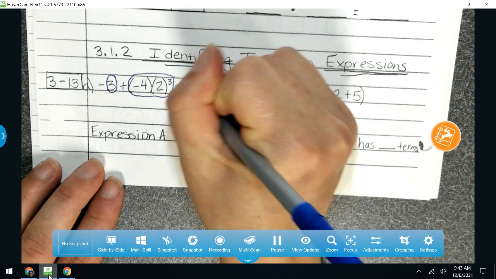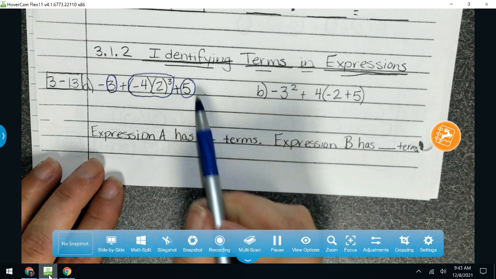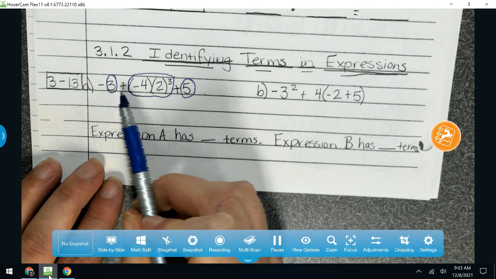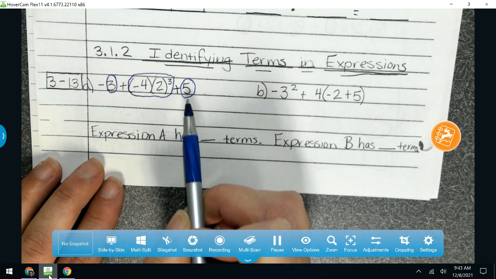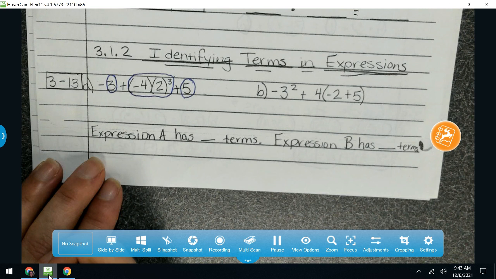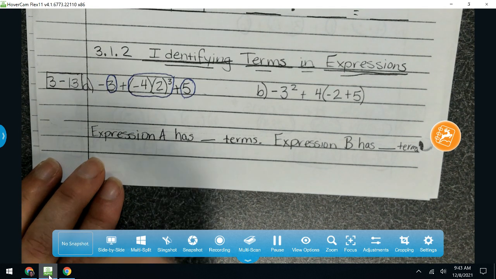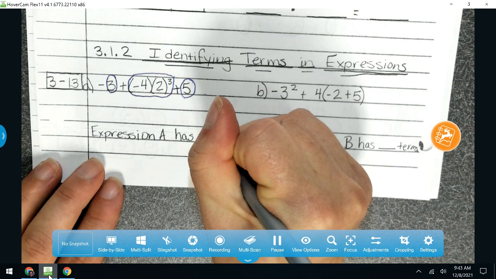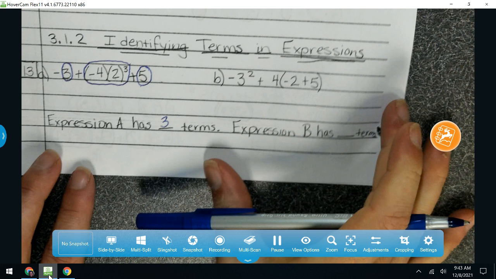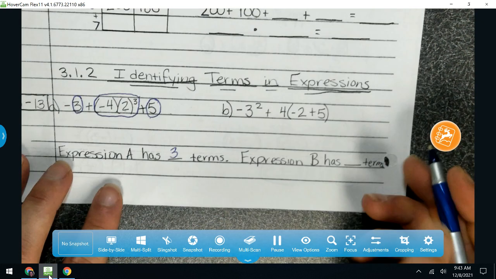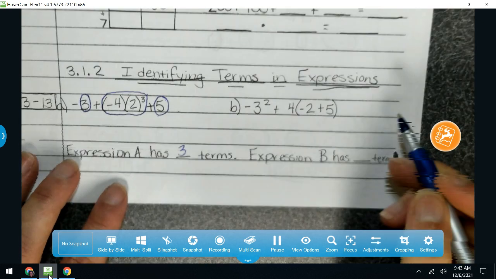And lastly, we have our 5, because again, we need to have a term on either end. I call it my expression sandwich. So I need to have bread on both ends. So expression A has 3 terms. Now, by default, that automatically means that expression B has 2 terms, but let's see where they are.